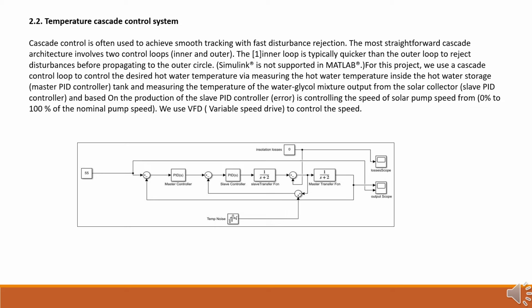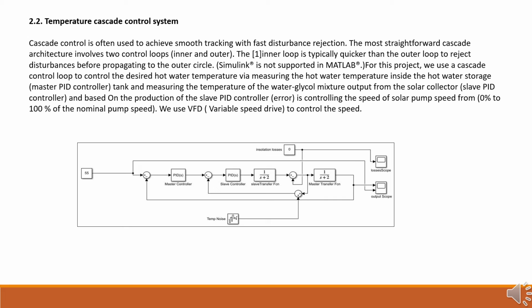We are using MATLAB software for this project and installed a cascade control loop to control the desired hot water temperature via measuring the hot water temperature inside the hot water storage, which is the master PID controller, and measuring the temperature of the water mixture output from the solar collector, the slave PID controller.